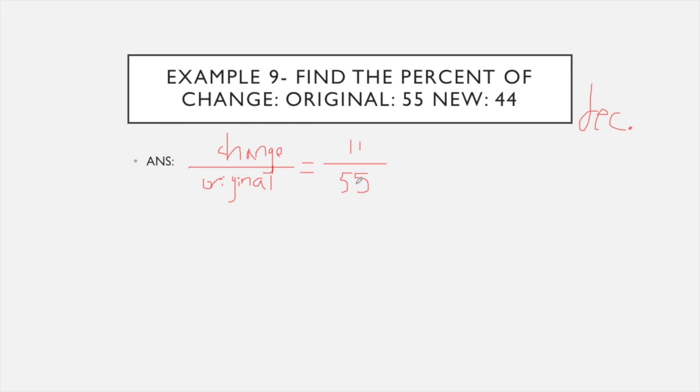And if you do that in a calculator, 11 over 55 is about 0.2 as a decimal, 0.20 you could say, which if you rewrite that as a percentage is 20%. So our percent change, 20%.